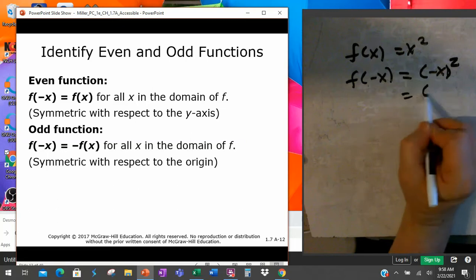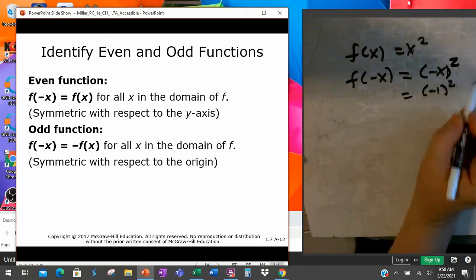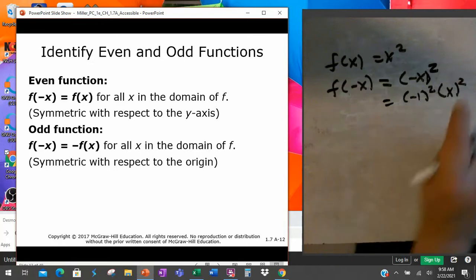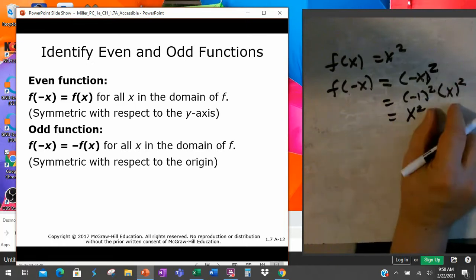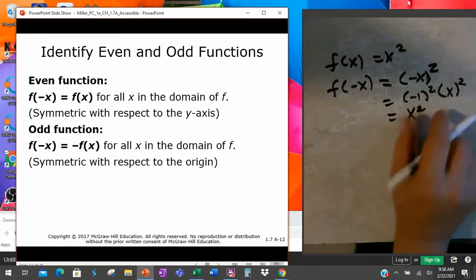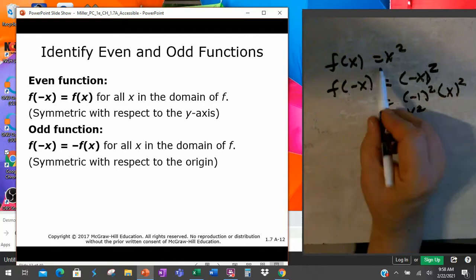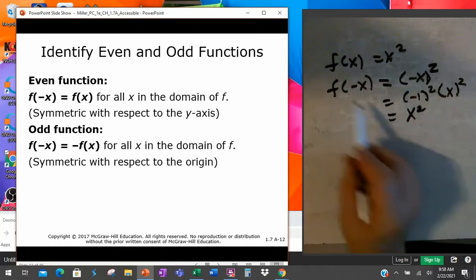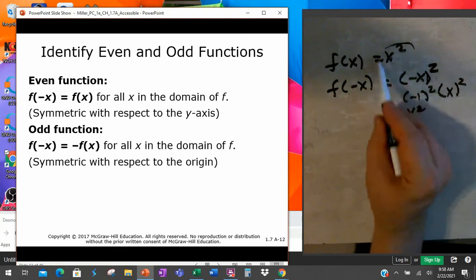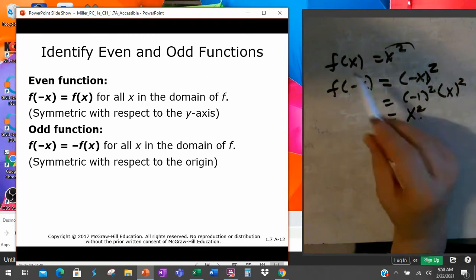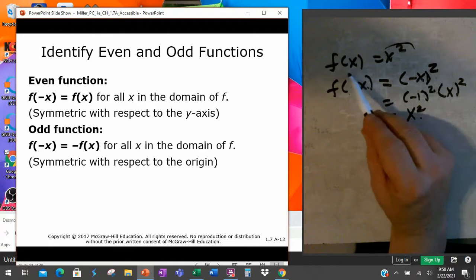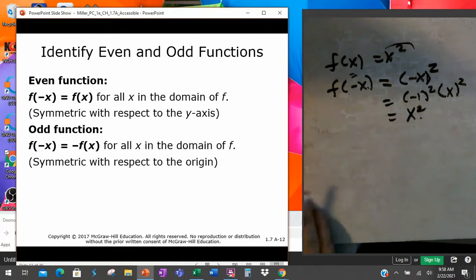So this is the same thing as negative 1 squared times x squared. And negative 1 squared is 1, so this is just x squared. Here's negative x, and this looks just like that part.